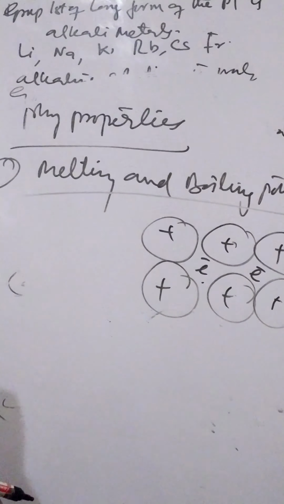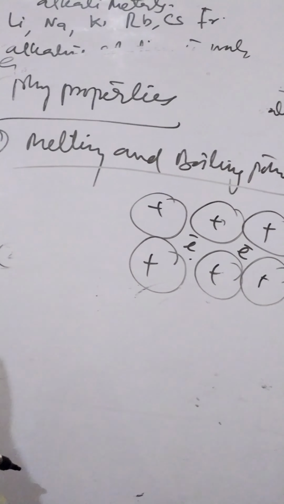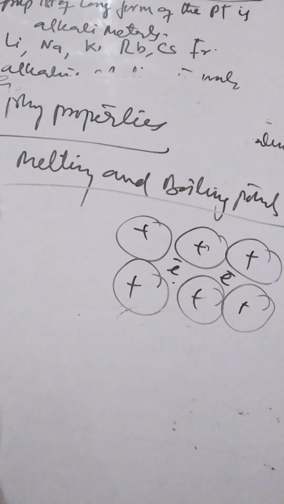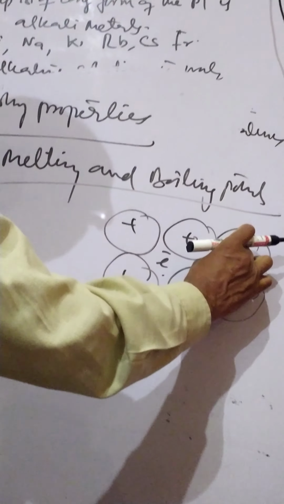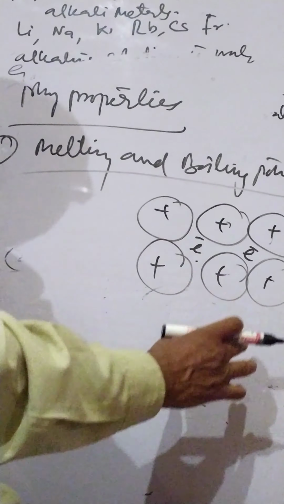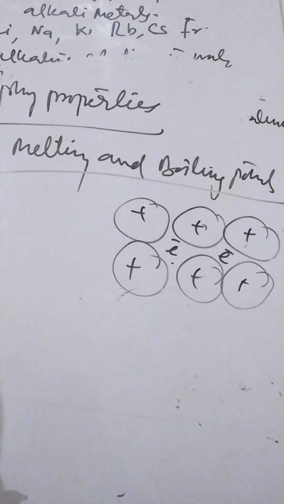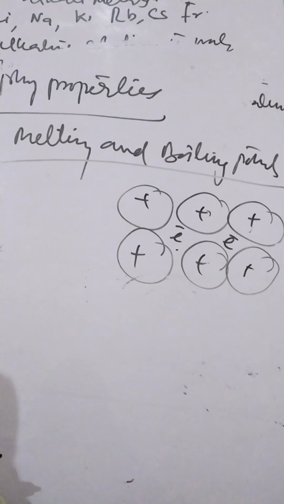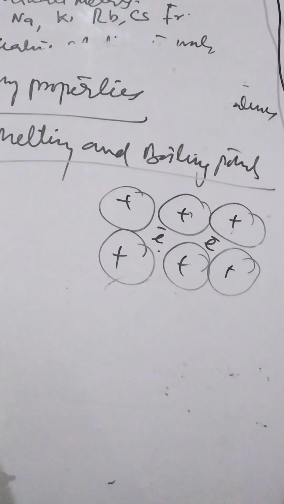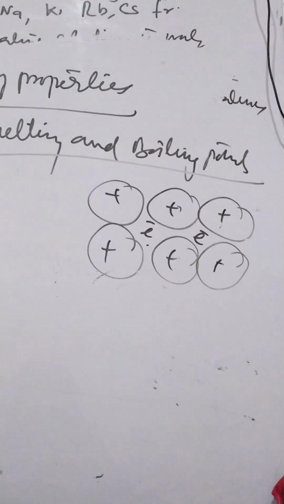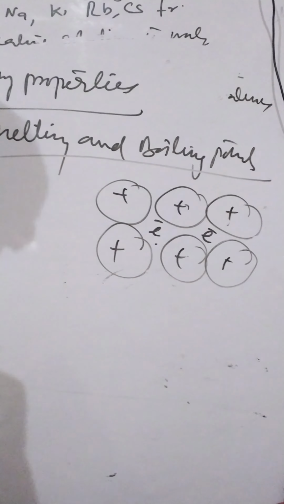That is why these are held loosely, as a result of which melting points as well as boiling points are lowest. Since there are weaker attractive forces, a smaller amount of energy can help these to get dissociated and change into the liquid state and then into the gaseous state.